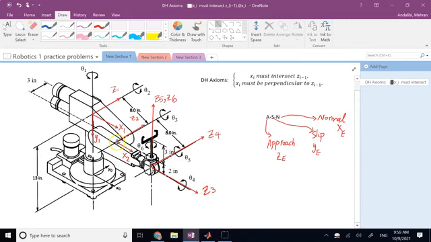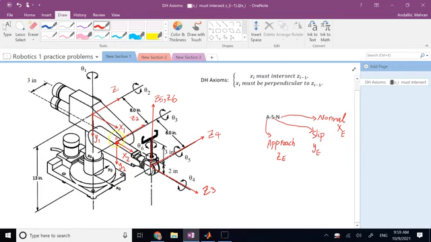So here we go. This is going to be your y2. What's next? The next one is, of course, x3. So what's the situation here? If you look, z2 and z3, if you continue z3 and z2, they already intersect at this point, at the origin of 2.